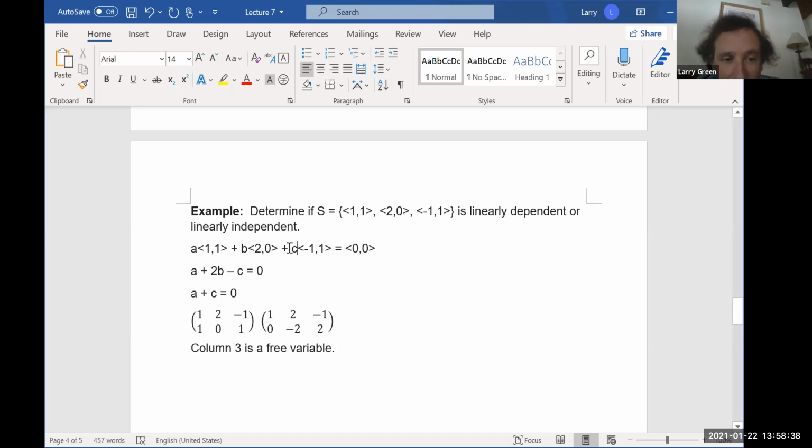So C can be anything we want it to be. That's what free variable means. Remember, column 1 is the A, column 2 is the B, column 3 is the C. And this says that the C variable can be anything, and in particular, it doesn't have to be 0.